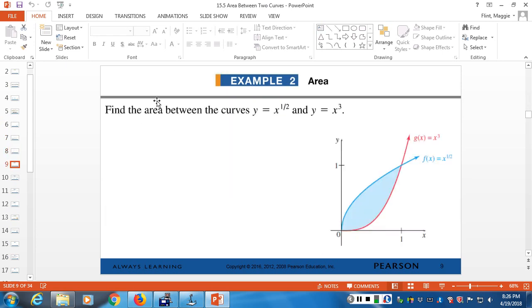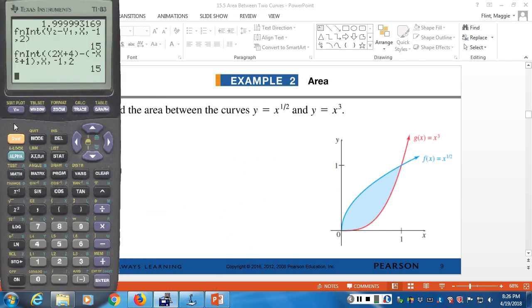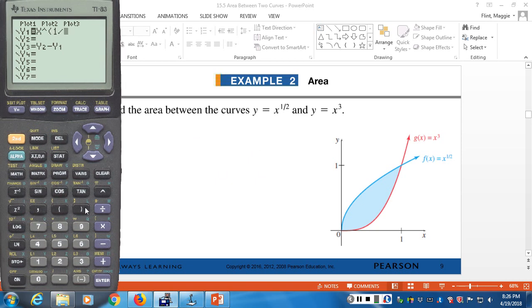So here's two more curves. We're going to do it with calculator first. And like I did before, I'm going to leave that there, but I'm going to put x to the 1/2 power in first, and then x cubed in second.